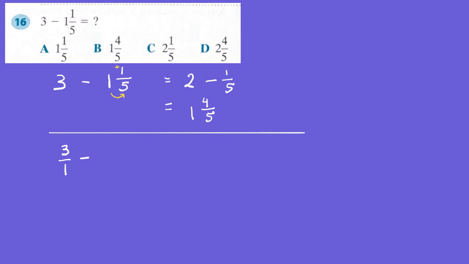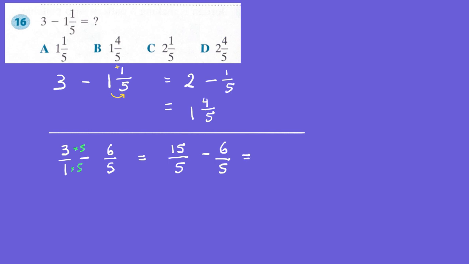Okay, so that would be 6 over 5. Now we need to change them to the same denominator. If we want to change it to the same denominator, then we need to multiply this one by 5 and also this side by 5. So now we will have 15 over 5, take away 6 over 5.